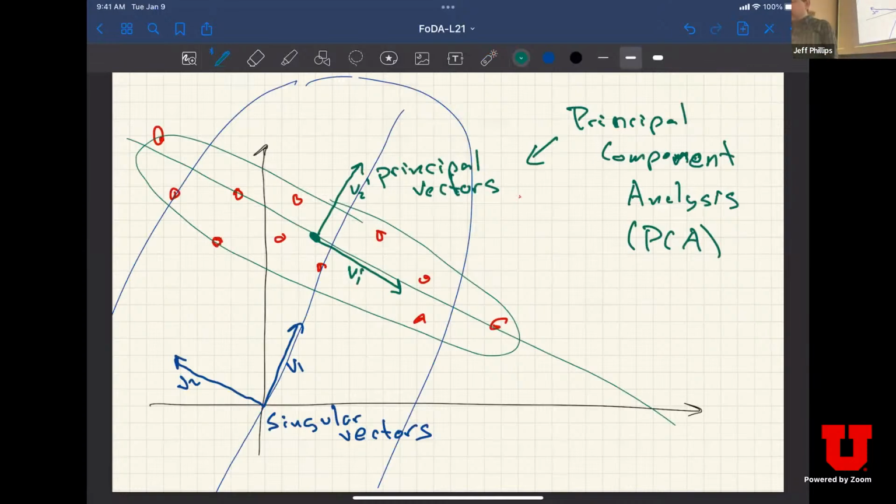The key thing here is actually going to be this point here, which I'm going to call C, maybe C of A, if A is the data. So this is the center of the data set.